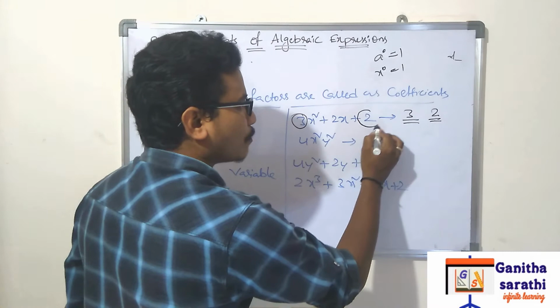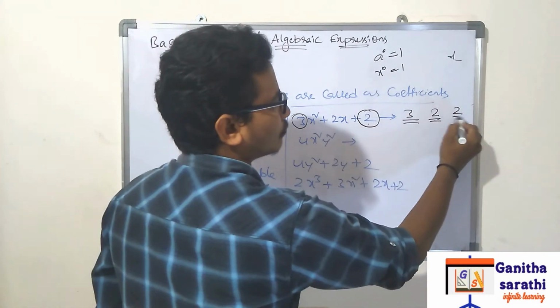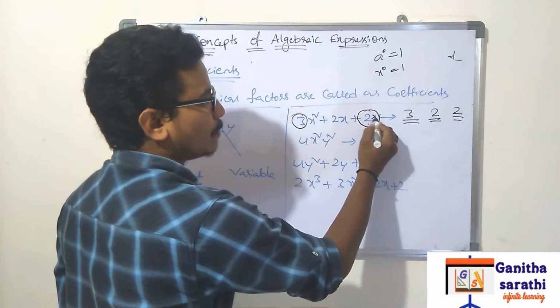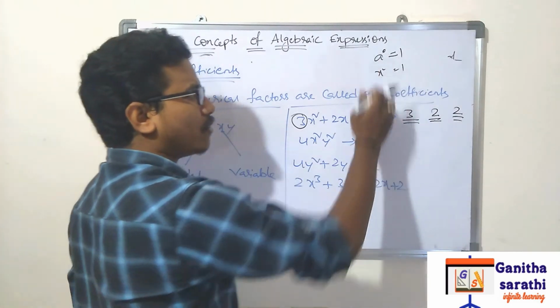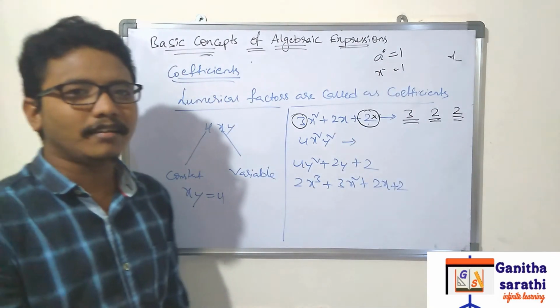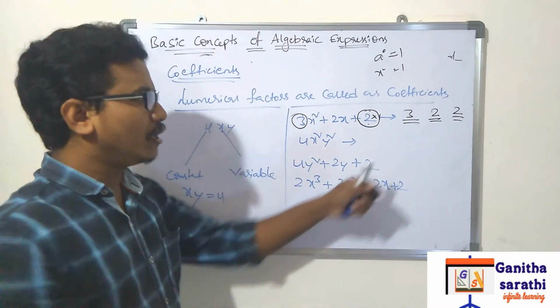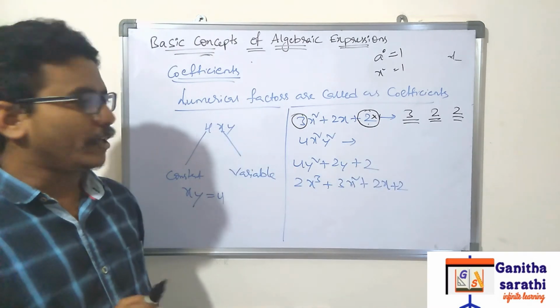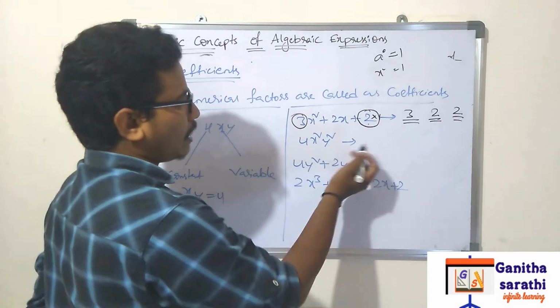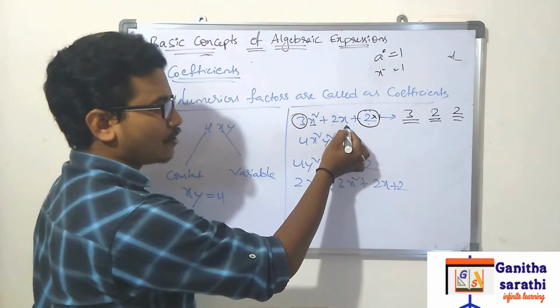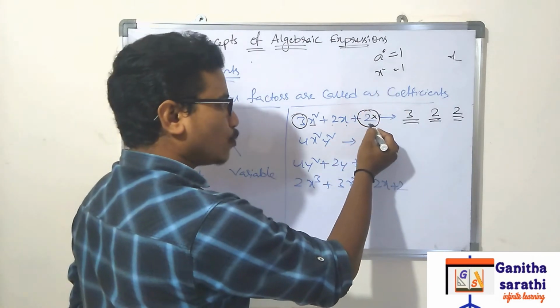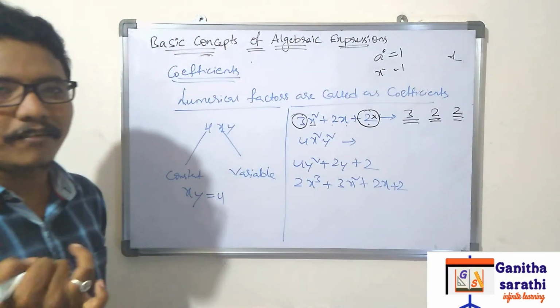So the coefficient of x power 0 is 2, because 2 into 1 is 2 only. 1 can be defined as x power 0. So 3 is the coefficient of x square, 2 is the coefficient of x, and again 2 is the coefficient of x power 0.